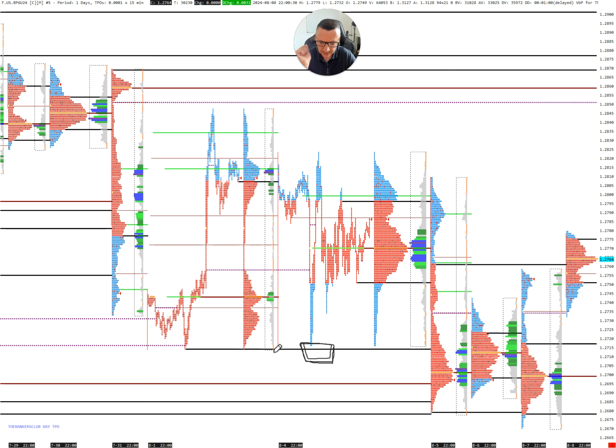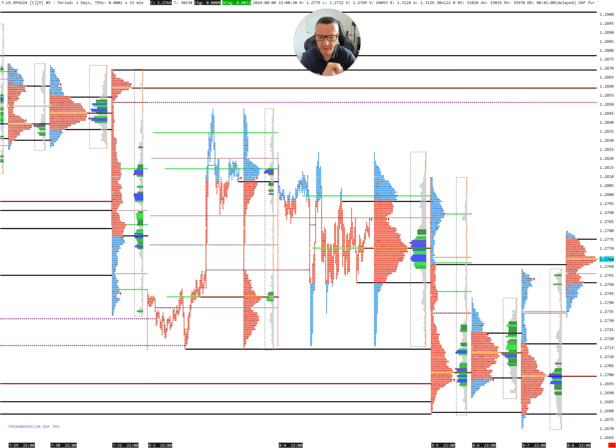So I'd be looking for a demand zone in this area here on a smaller time frame TPO, and I'd be looking at the footprint for further confluences, okay, to take the trade long to test the value area high here. So that's where I'd be looking to take my profits, at the previous day value area high.